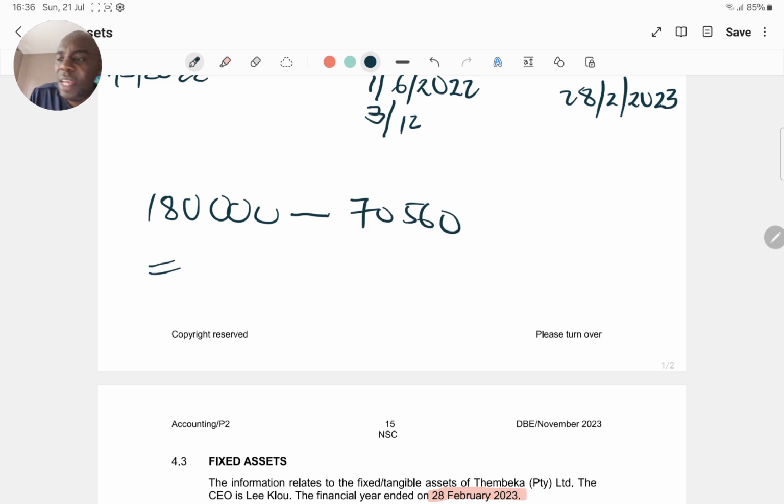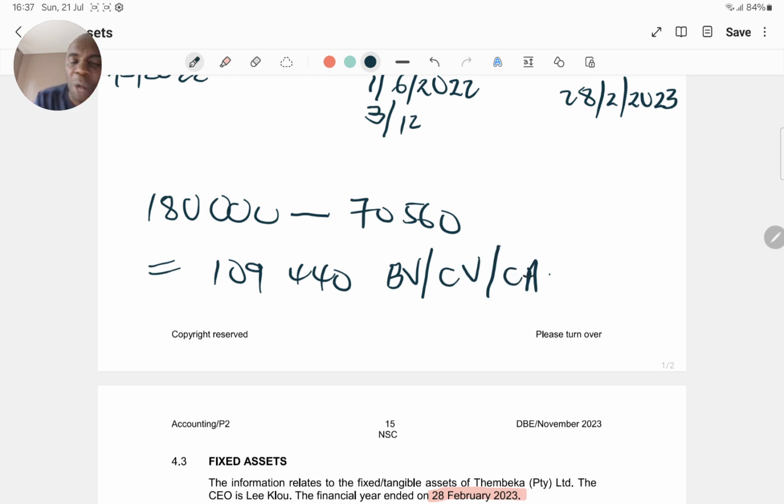Then I take my calculator. It's 180,000 minus 70,560. Then I get 109,440. This becomes my book value. This becomes my carrying value, or carrying amount.